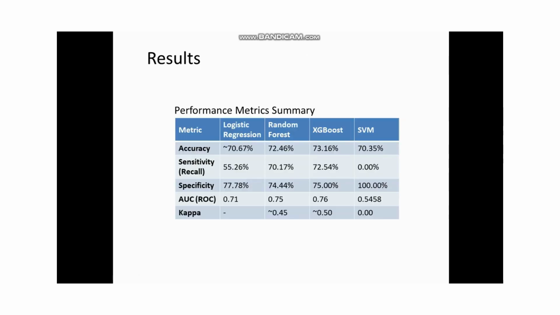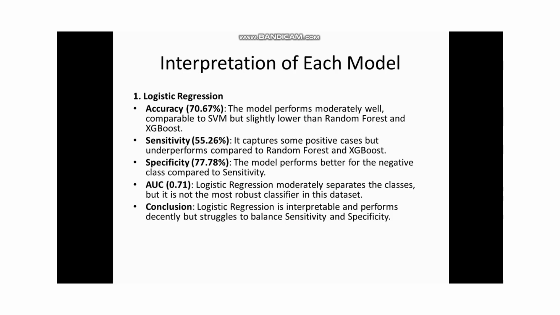So from the table, what this implies is that the logistic regression moderately separates the classes, but it is not the most robust classifier in this data set. So, conclusion: the logistic regression is interpretable and performs decently, but struggles to balance sensitivity and specificity. So that is for the logistic regression.